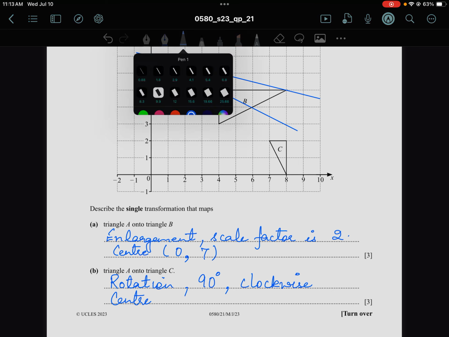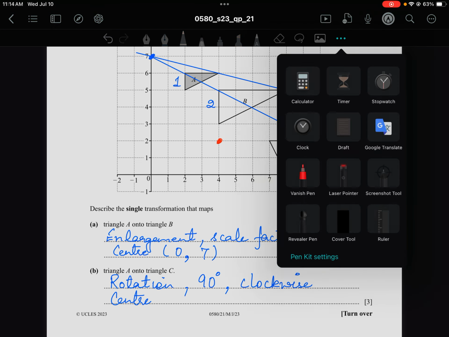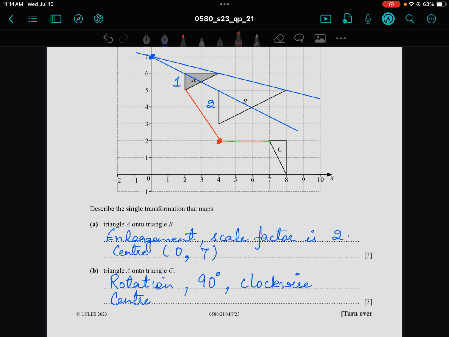If I take this point, let's say this point I am taking, join this point to this point and then this point to this point.